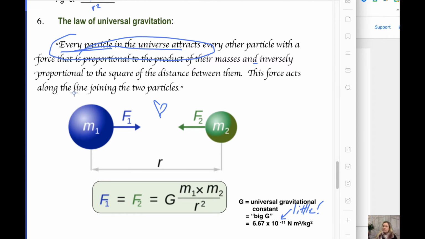Because big G is such a small number, for it to be substantial, at least one of the masses needs to be planetary big before you're going to really feel anything. Okay? If not planetary big, think mountain big. You need a lot of mass before it's measurable.